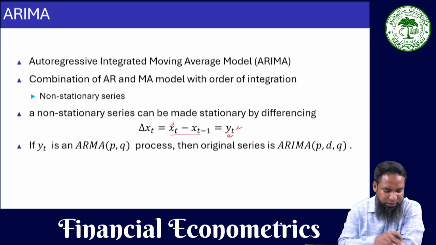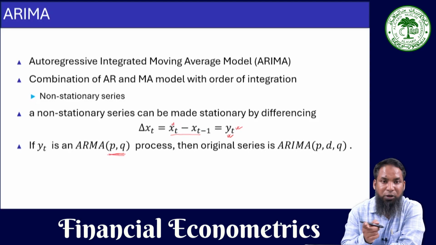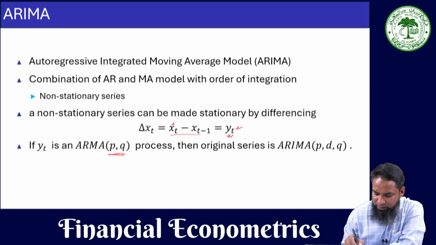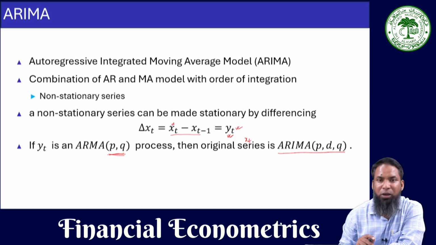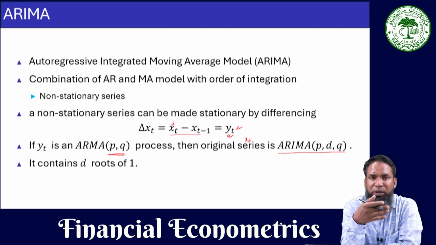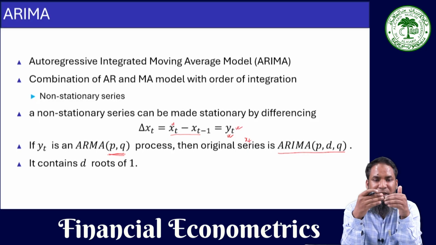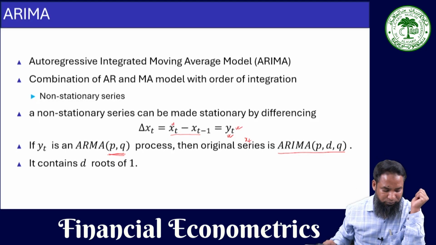Then if yt follows an ARMA(p,q) model, the original series xt will follow an ARIMA(p,d,q) model, where d stands for the number of unit roots it contains. If it is 2, then the value of d will be 2. ARIMA is basically an extension of the ARMA model for non-stationary series.